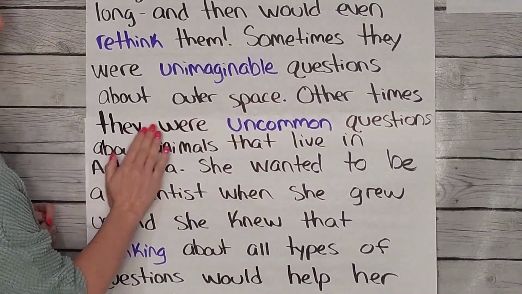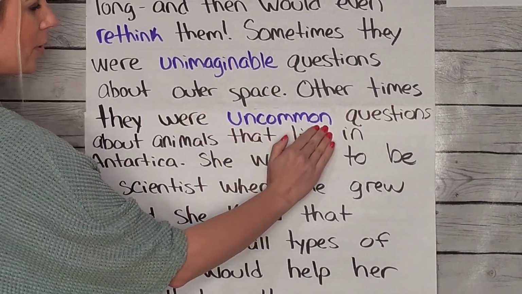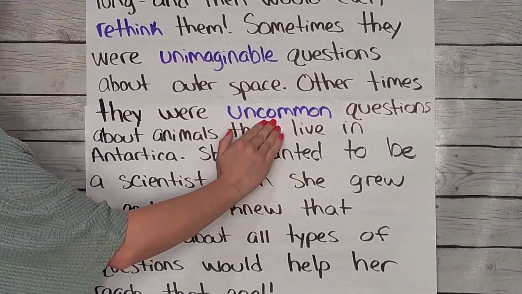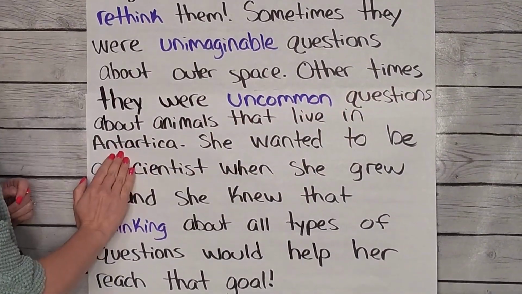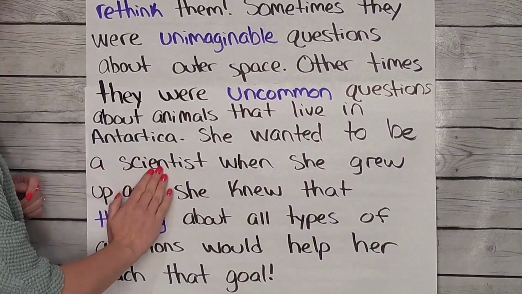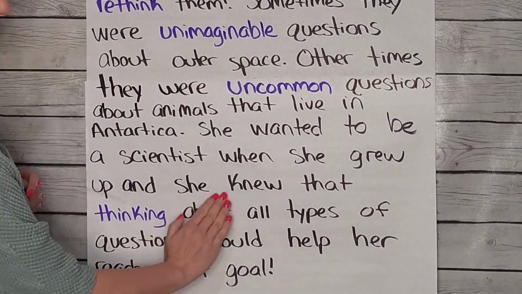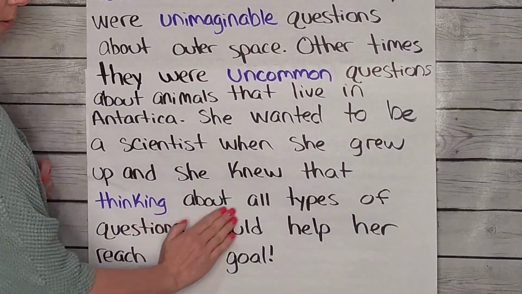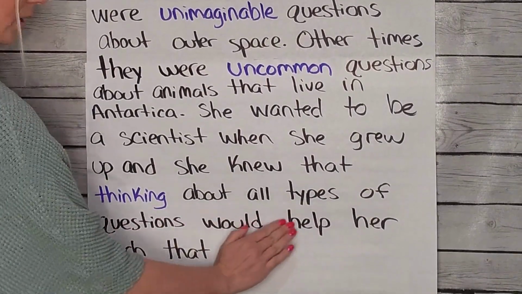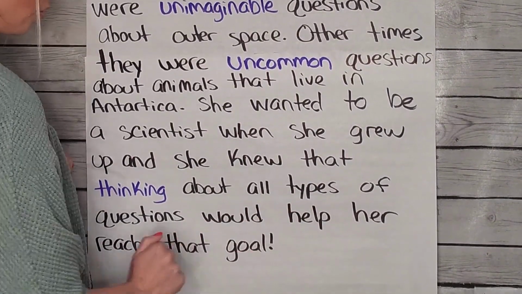Other times they were uncommon, or not common, questions about animals that live in Antarctica. She wanted to be a scientist when she grew up, and she knew that thinking about all types of questions would help her reach that goal.